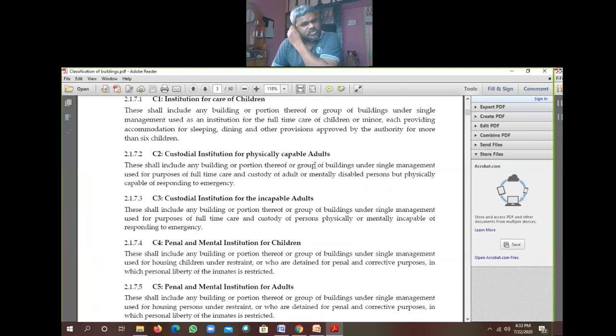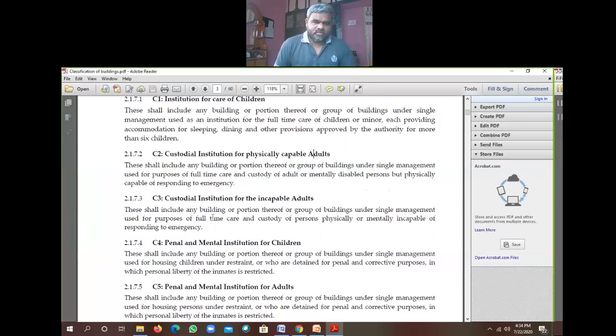Next, custodial institutions for physically capable adults, meaning these buildings are used for the purpose of full-time care and custody of adult mentally disabled persons but physically capable of responding to an emergency, right. And the third one is used for the purpose of full-time care and custody of physically and mentally incapable persons, right.